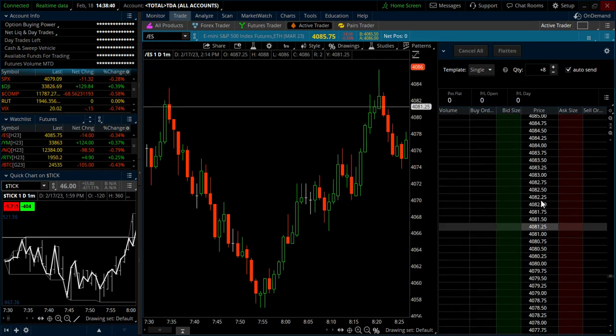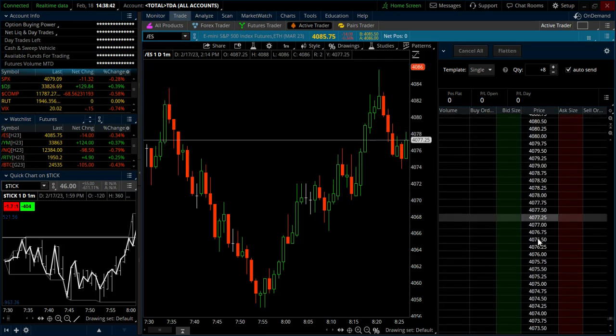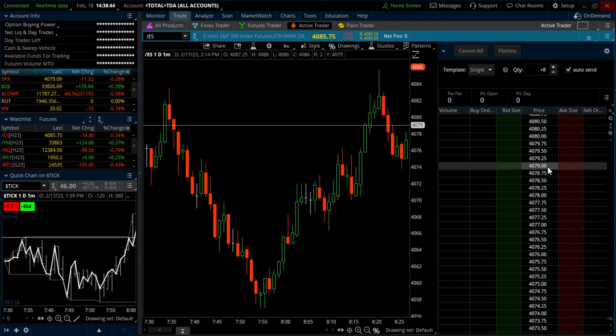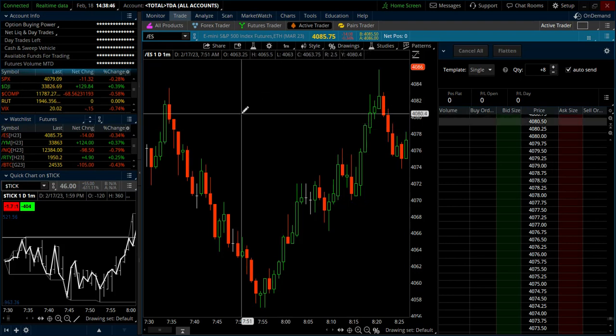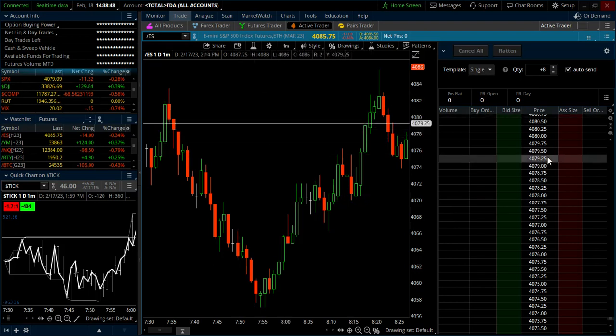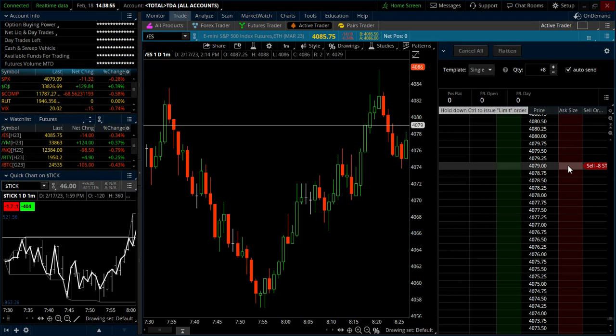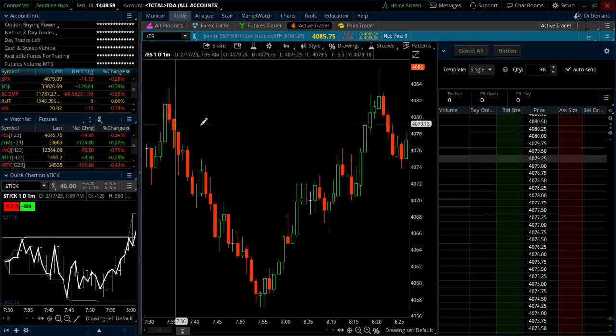Now, I have found that using the same platform, like Thinkorswim, and I'm sure other platforms do this too, see how I'm dragging my price on the trade ladder up and down with my mouse? And the price, you get this line on the chart. That makes it really easy to hover over the trade ladder, ready to click and drop an order, and I know exactly what price to use.